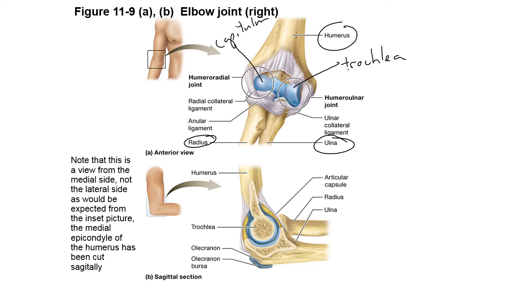So you have various ligaments that go around this joint. I'll point out the radial collateral ligament and the annular ligament here, and on the ulnar side there's an ulnar collateral ligament. So there's those 3 main ligaments that are holding this joint together.